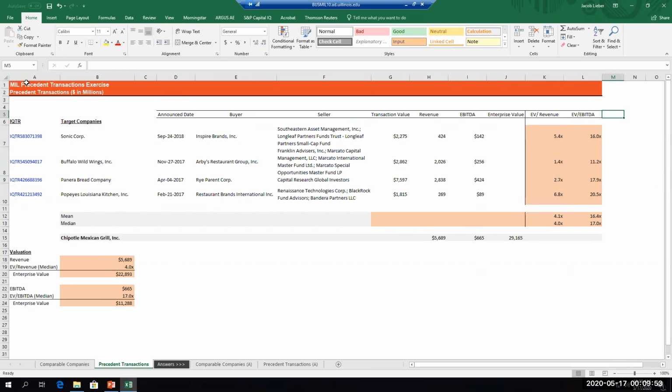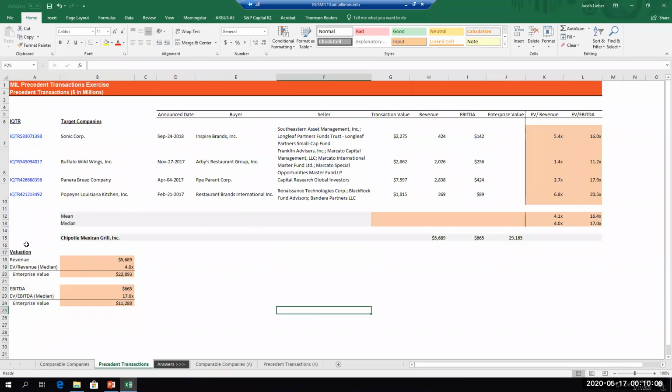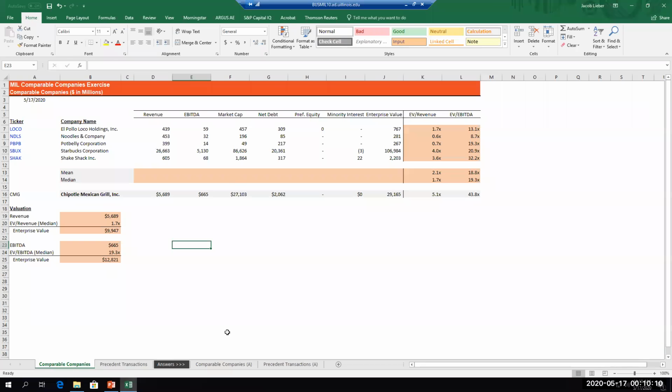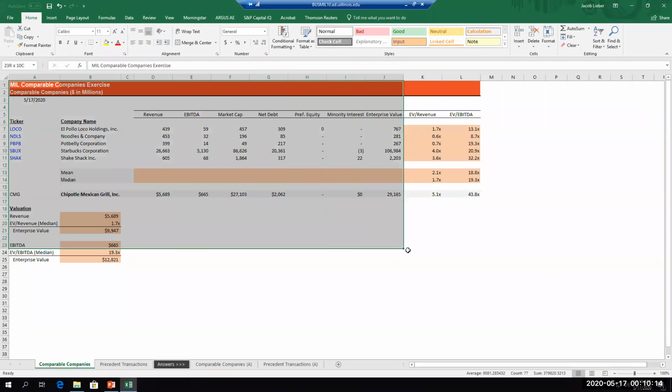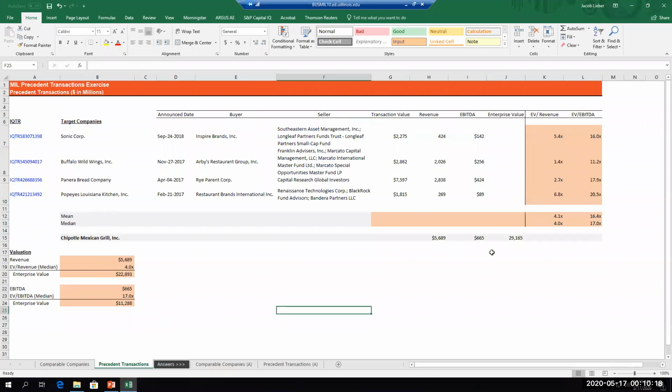Not a whole lot of people are going out to restaurants, so that may have impacted the valuation between your precedent transactions and your current comps data. So your precedent transactions is definitely recommending a much higher range than your comparable companies. So this is something to know: that range may be attributable to 1, the control premium, and 2, maybe the market sentiment. But that's all that we have for you guys today as far as the Excel exercise.